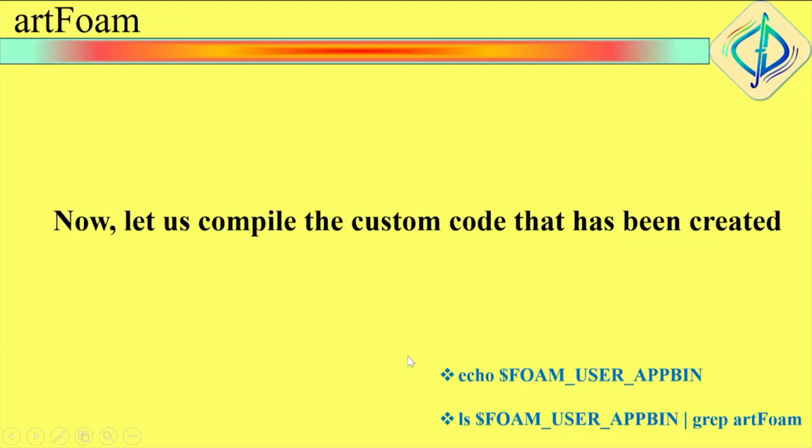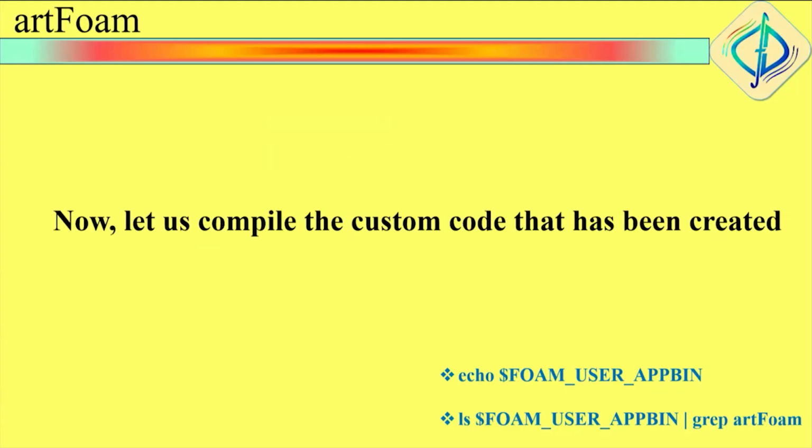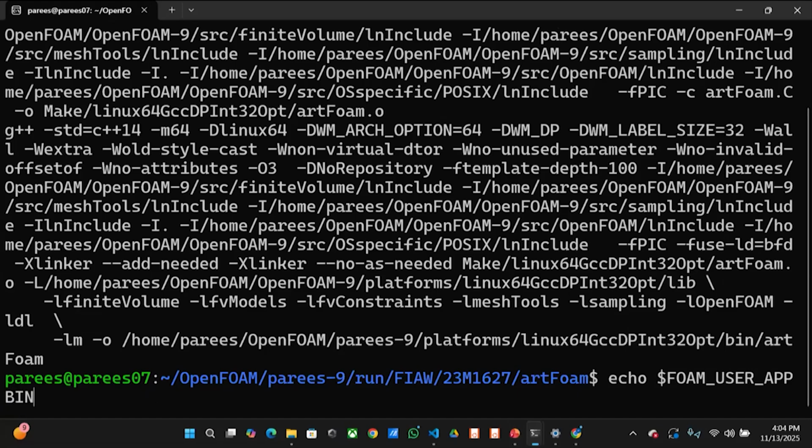The echo command is generally used for calling out variables. It is just used for calling any variable. So we'll do echo home underscore user underscore admin.